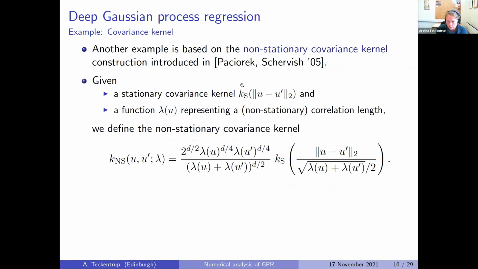A stationary covariance kernel is just the covariance kernel of a stationary Gaussian process. In particular, the covariance kernel will depend on your two arguments, u and u prime, only through the distance. This gives you a Gaussian process whose behavior is the same everywhere in the domain.